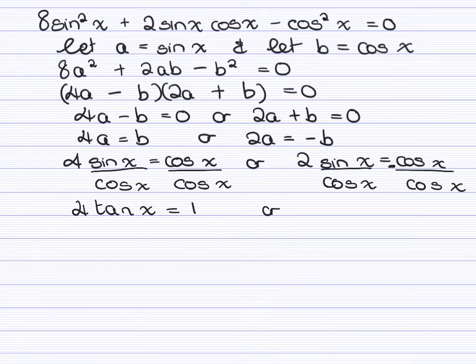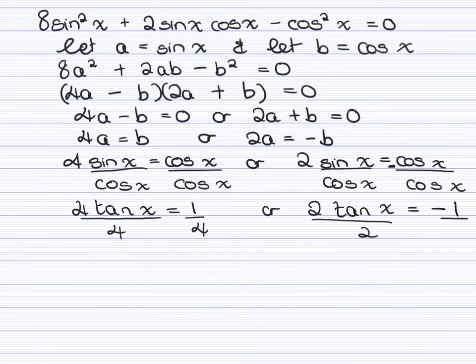So we divide both sides. We're left with 2 tan x is equal to negative 1. Okay, now the next step would be to divide both sides by your 4 for this one and divide both sides here by 2. So you're at this point where you now have tan x is equal to a quarter, or tan x is equal to negative a half.